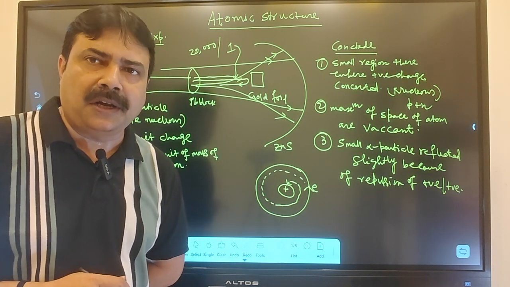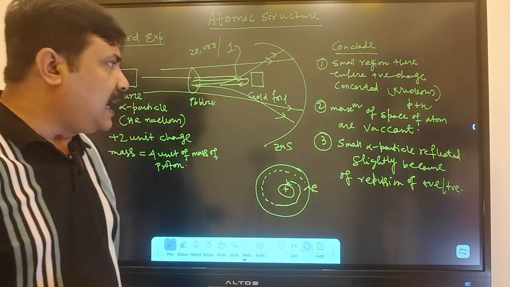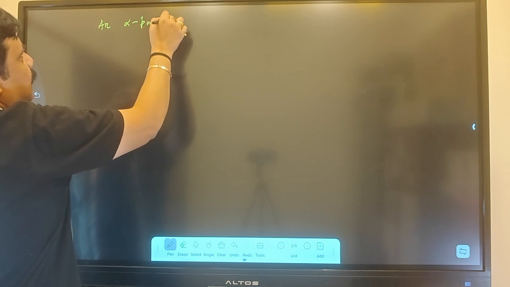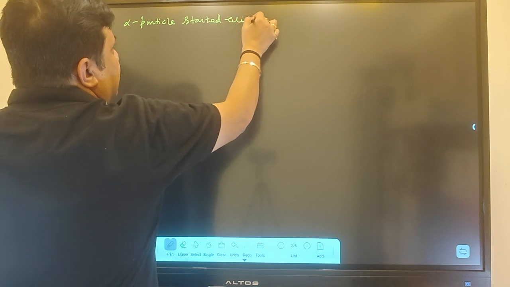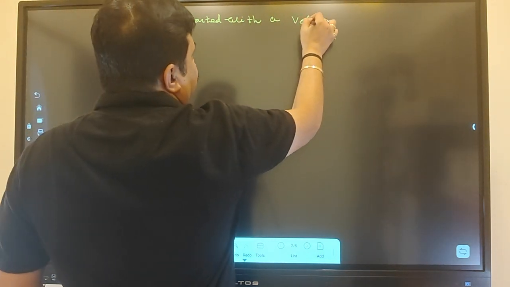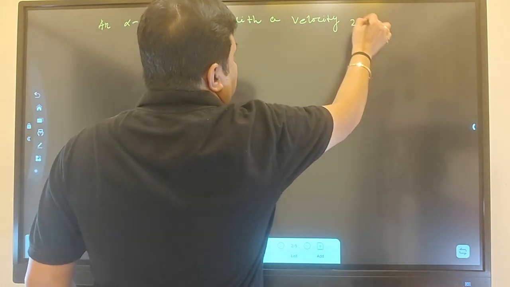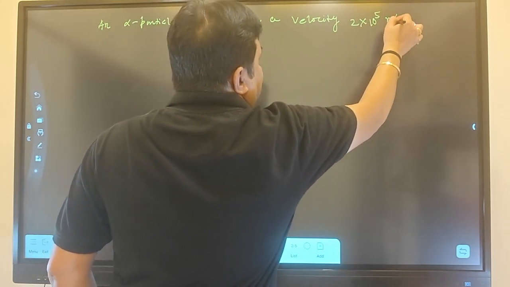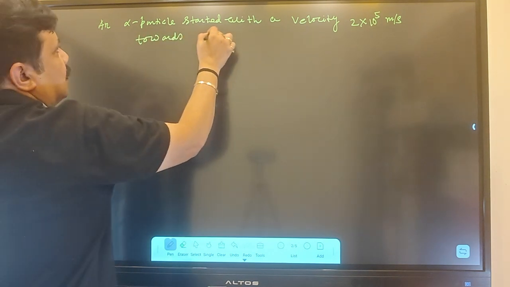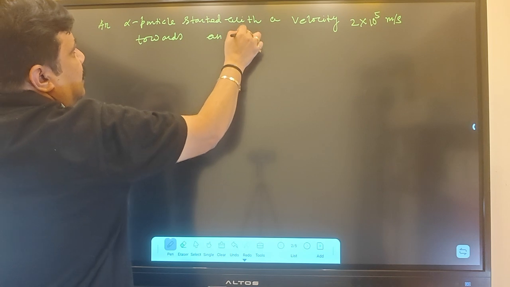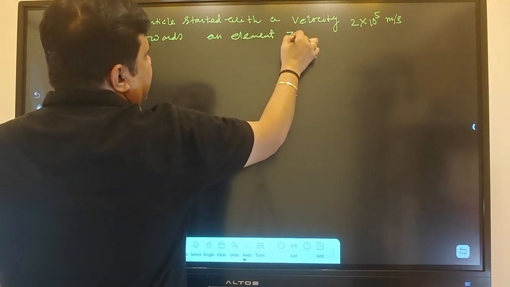Look into that one, a very important idea. Let us take it in the form of a problem. An alpha particle started with a velocity 2 into 10 power of 5 meter per second towards an element Z equals 29.